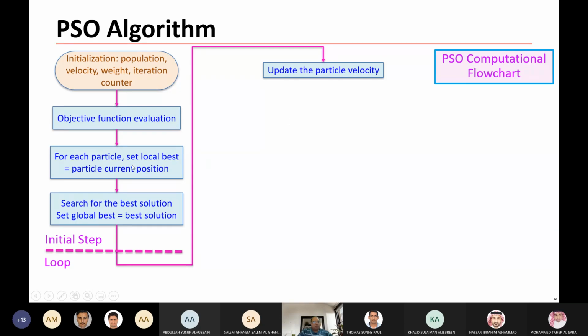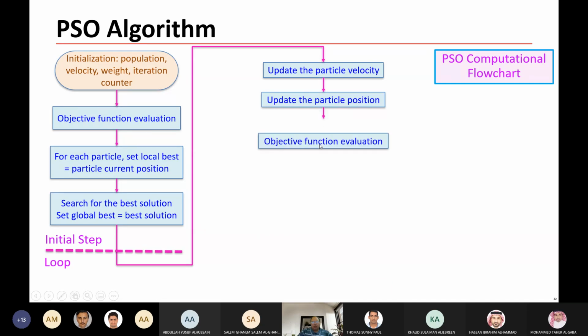The second term depends on the difference between the current position and the particle best. And the third term is the social part of the particle swarm, which is the difference between the global best and the current position. So you update the velocity, and then you update the position of the particle, the old position plus the updated velocity.